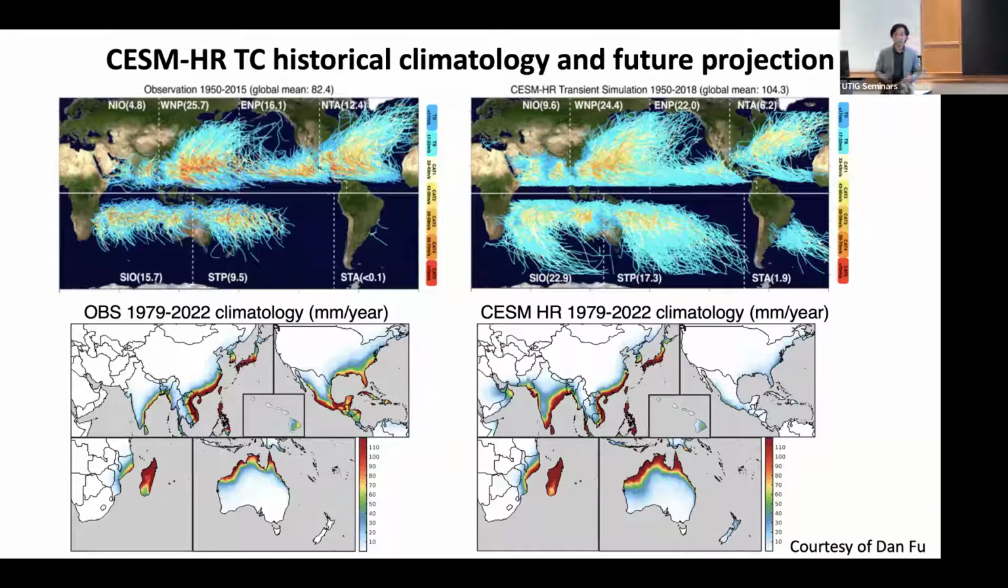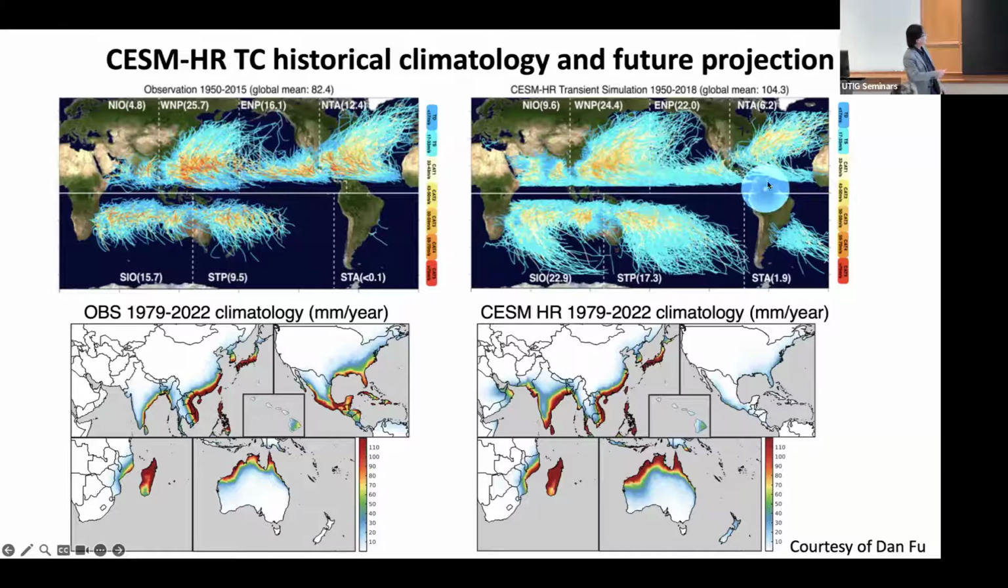So finally, I have a couple of slides showing the hurricanes. Since we're running a quarter degree model, we're getting a much better representation of the hurricanes on the global domain. This is the comparison between the hurricane distribution over the globe from the observation and our high resolution model simulation.